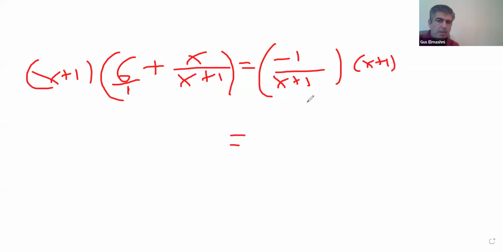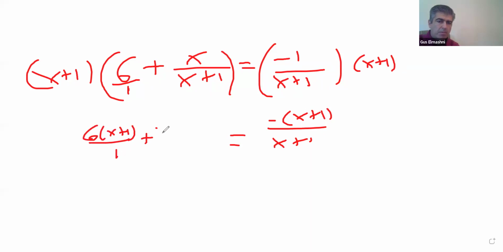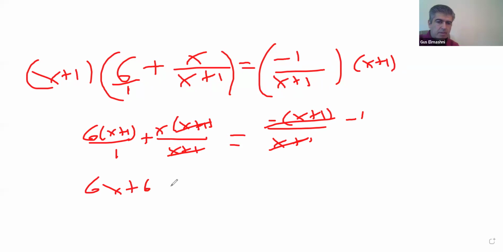So it becomes negative parentheses x plus 1 over x plus 1, that becomes 6 parentheses x plus 1 over 1, and that becomes plus x parentheses x plus 1 over x plus 1. Those cancel, becomes -1. So you have 6x plus 6 plus x equals -1. 7x equals -7. x equals -1.